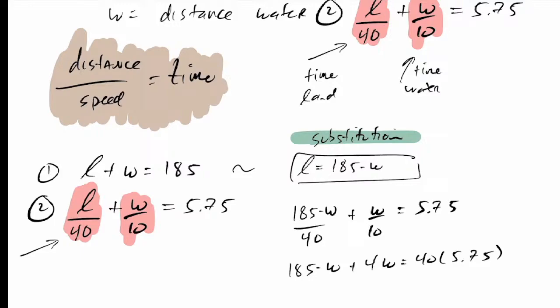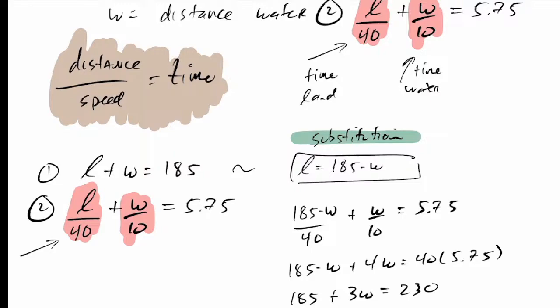Okay, we'll finish off. Let me finish off this one here for Lena, just to make sure we talked about it. So I get 185 plus 3W is 40 times 5.75, which is 230.